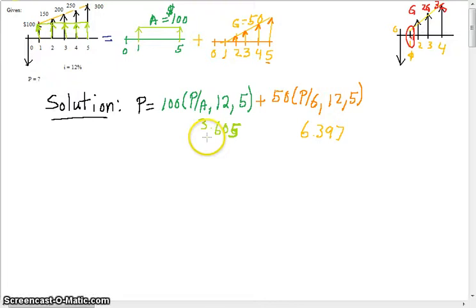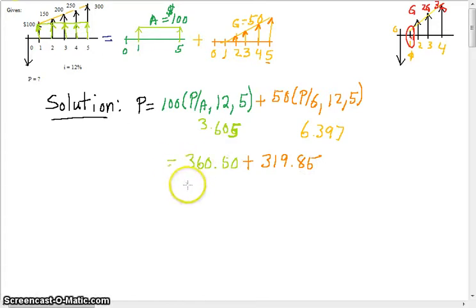So if we multiply this out, for the first one, we have 360.50, plus our gradient portion, which is 50 times 6.397, which is 319.85.